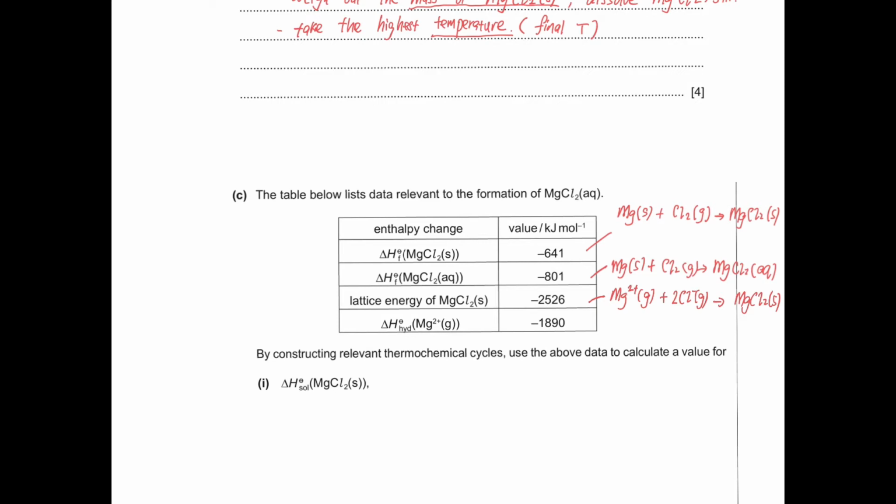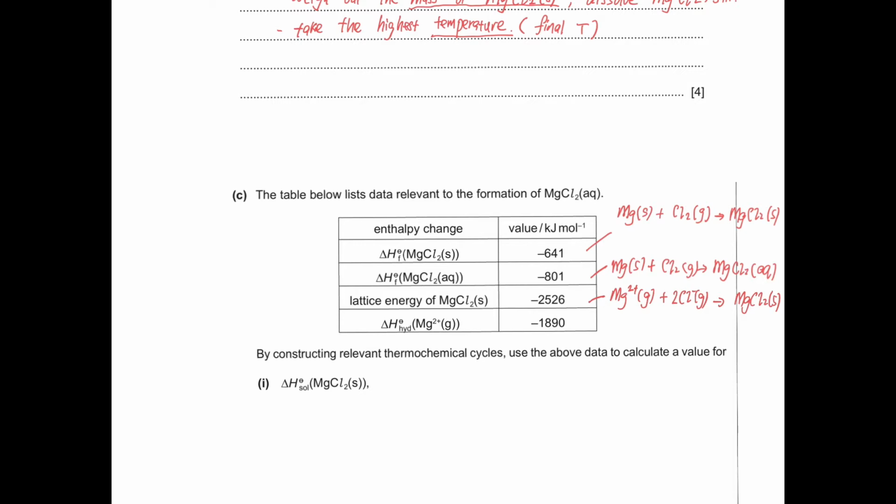And now hydration. You have to remember one thing: when we count the enthalpy change of hydration, we count separately. For the magnesium 2 plus positive ion, there is a value, and for the negative ion, there is another value.